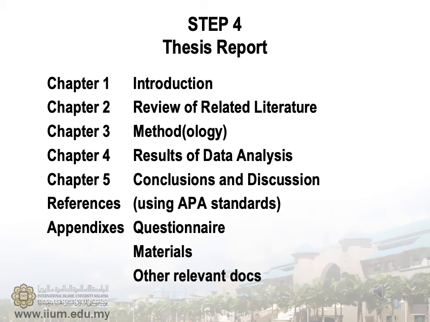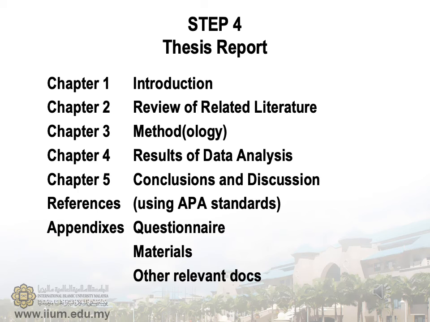At the end of the process, step number 6, we have to produce a research report. Postgraduate students are required to present the report as their master's or doctoral thesis. In our context, a thesis normally contains 5 chapters, which are: Chapter 1 Introduction, Chapter 2 Review of related literature, Chapter 3 Method, Chapter 4 Results of data analysis, Chapter 5 Conclusions and Discussion.